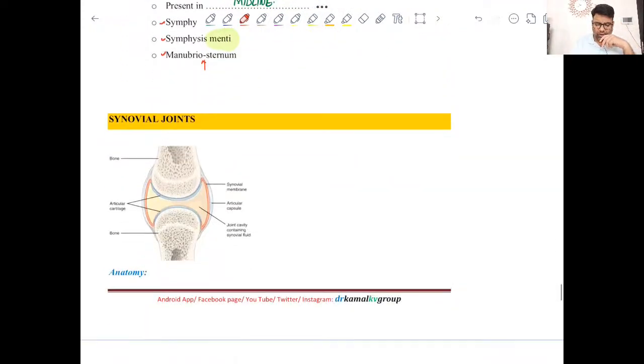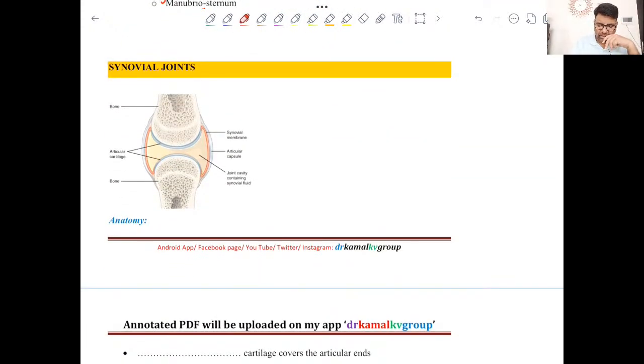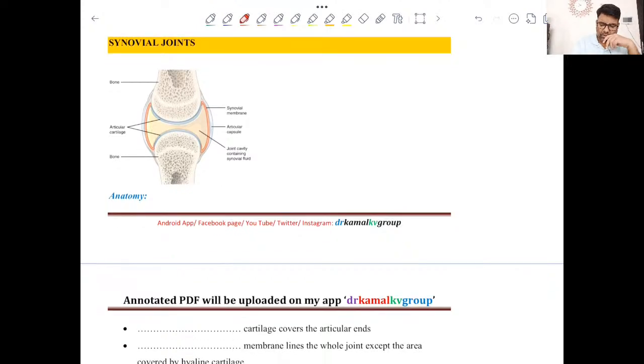Now we come to synovial joint, and here, as we already discussed, suppose this is epiphysis, this is epiphysis, there is a hyaline cartilage, something like this, okay, and then there is a capsule of the joint which limits the space.